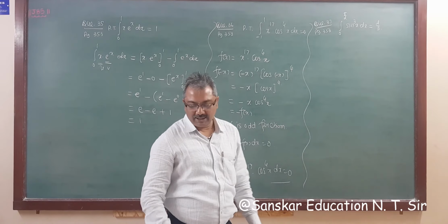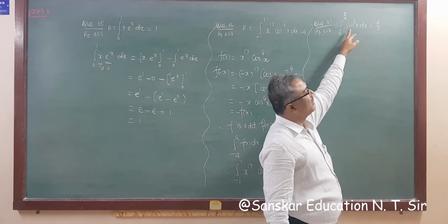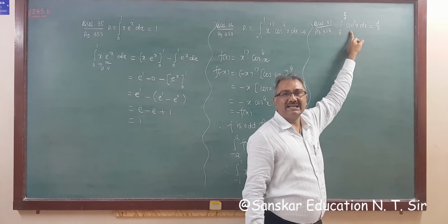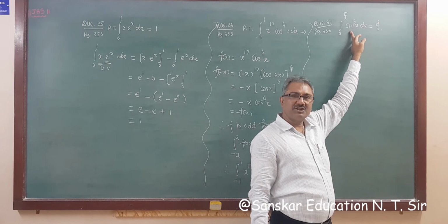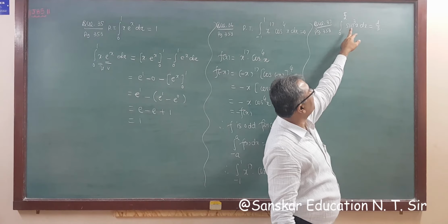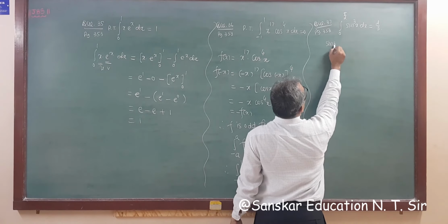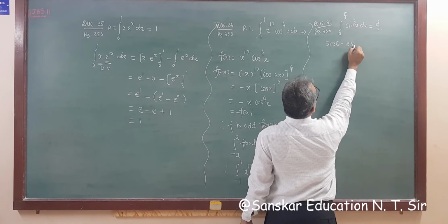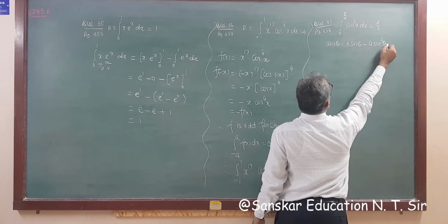Now again, the integration from 0 to pi by 2 of sin cube x dx is equal to 2 by 3. You know sin cube x, so you can integrate using sin x into sin square x, change sin square into 1 minus cos square, and assume cos x is equal to t. That is one way. Or you can apply a formula for sin cube x: sin 3 theta is equal to 3 sin theta minus 4 sin cube theta.